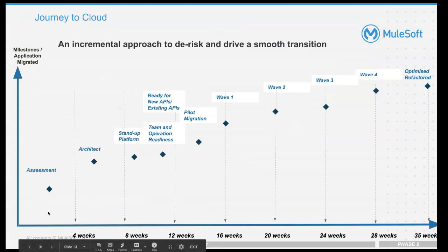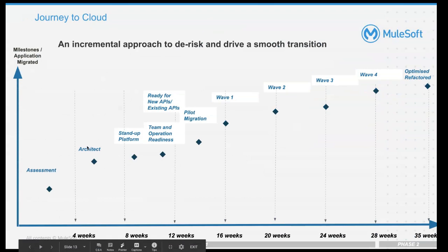In the first phase, you assess what kind of applications you have on-prem. Among those, I suggest selecting a list of applications that you think are low risk and easier to migrate to CloudHub as part of the first release.